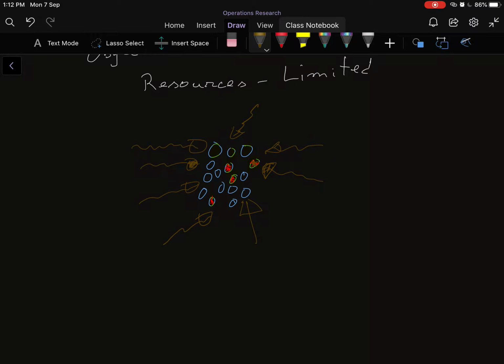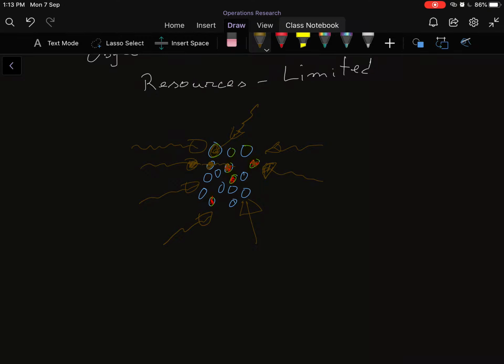This will hit this cancer cell, but at the same time it will pass through this healthy cell, so this healthy cell would also get damaged. Similarly, this particular radiation might just damage this healthy cell, and it would not hit any cancer cell.